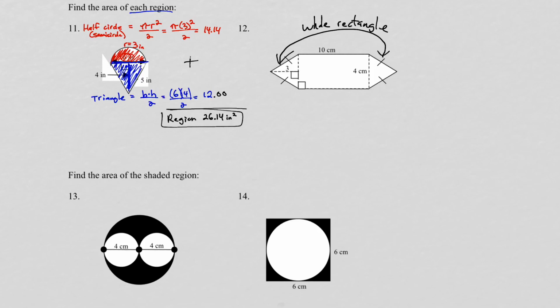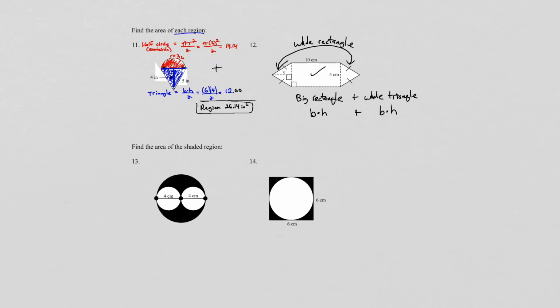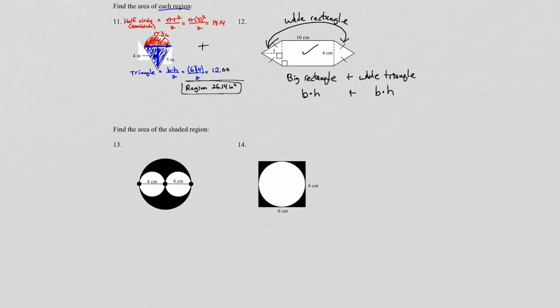We can just do one big shape, which would be the whole rectangle. So we have this in the middle that we have to do, that's our big rectangle, and we need to add the whole rectangle that we're putting together from the two triangles. Both of those are going to be base times height plus base times height. All right, let's see how you do with that one. That's one way to do that.